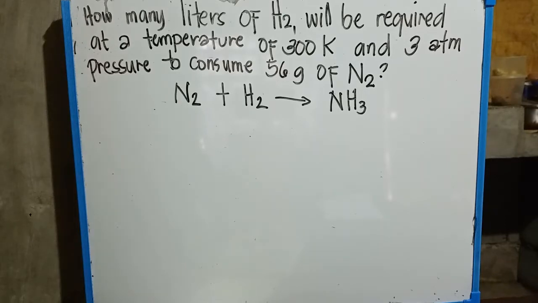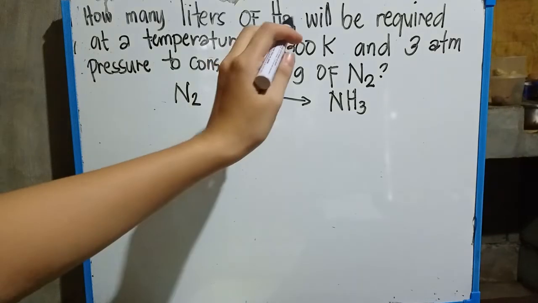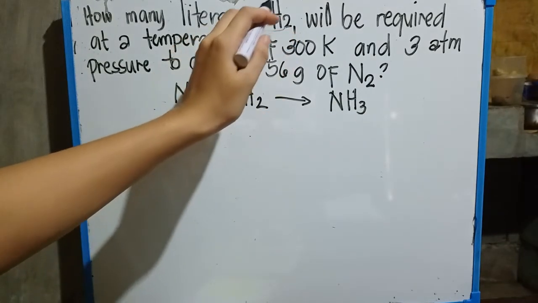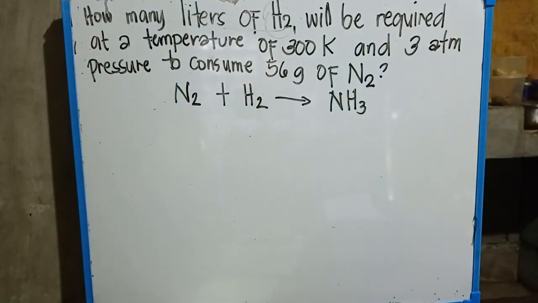So which means that we are going to determine the liters of hydrogen gas. And our mass is given from nitrogen gas, which is 56 grams. So first step is we need to convert grams to moles.